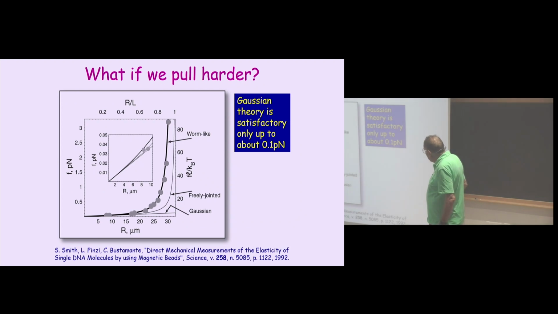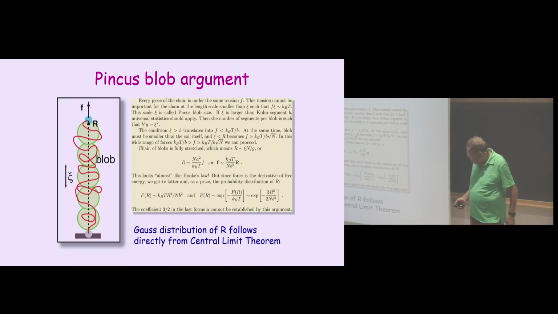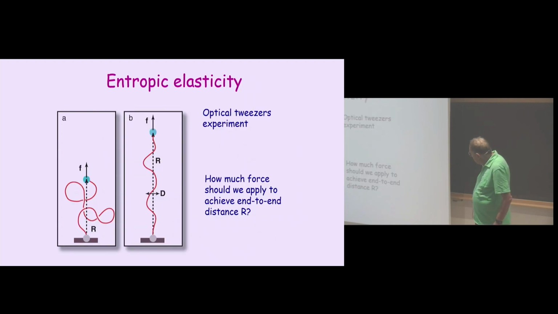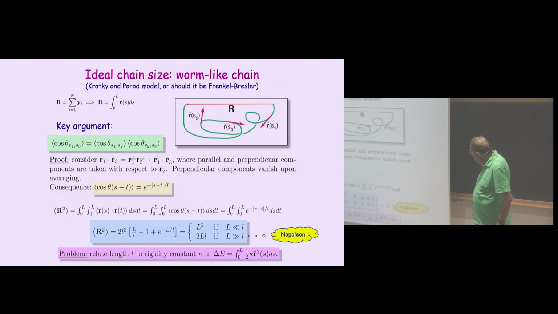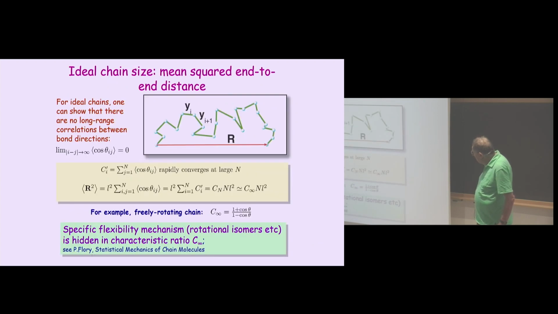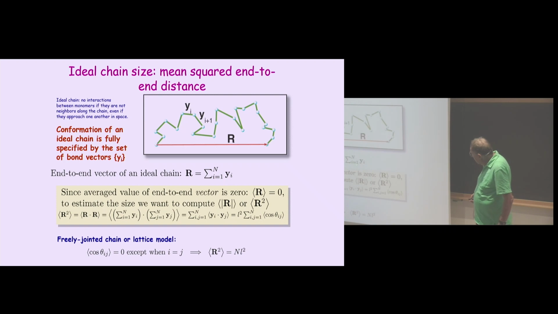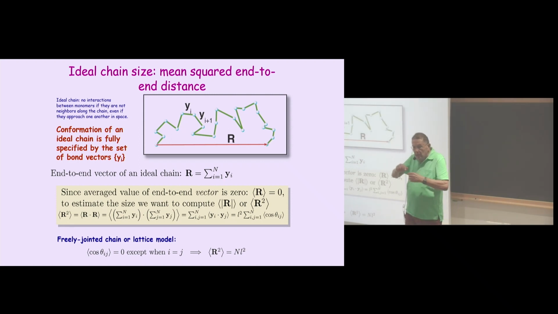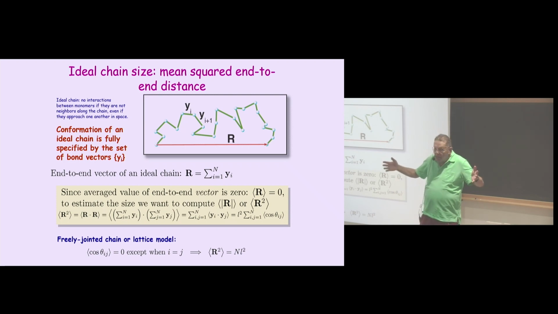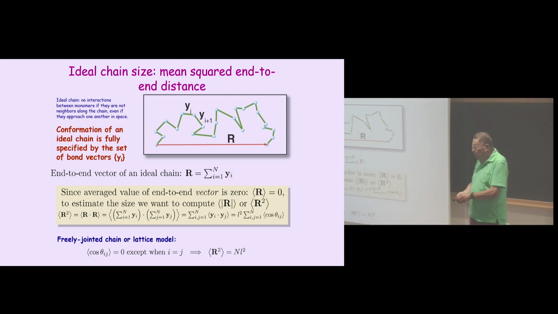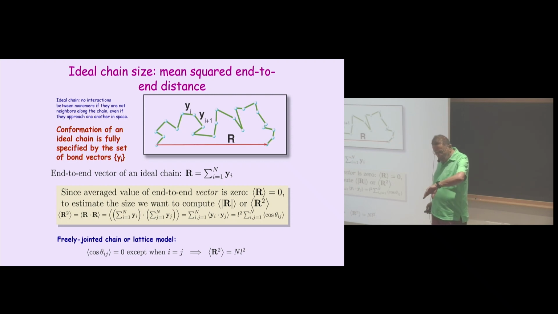Let's remember that this vector R is actually the sum of these bond vectors. Every bond vector is randomly oriented, and this R is the sum of many independent random variables. You probably know from some mathematics or probability course that when you have a sum of many random variables, then the probability distribution of this sum is Gaussian.